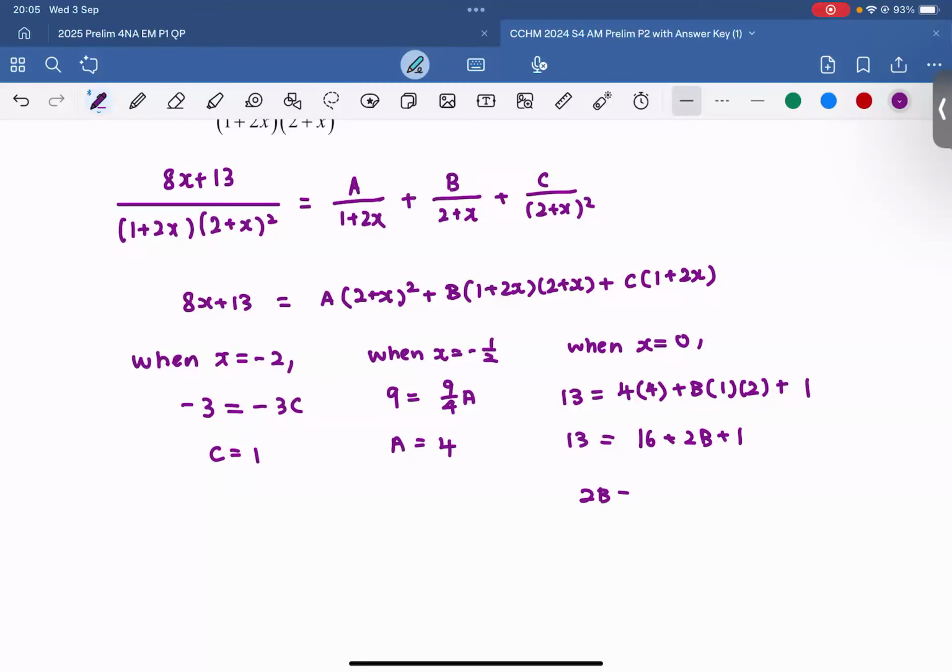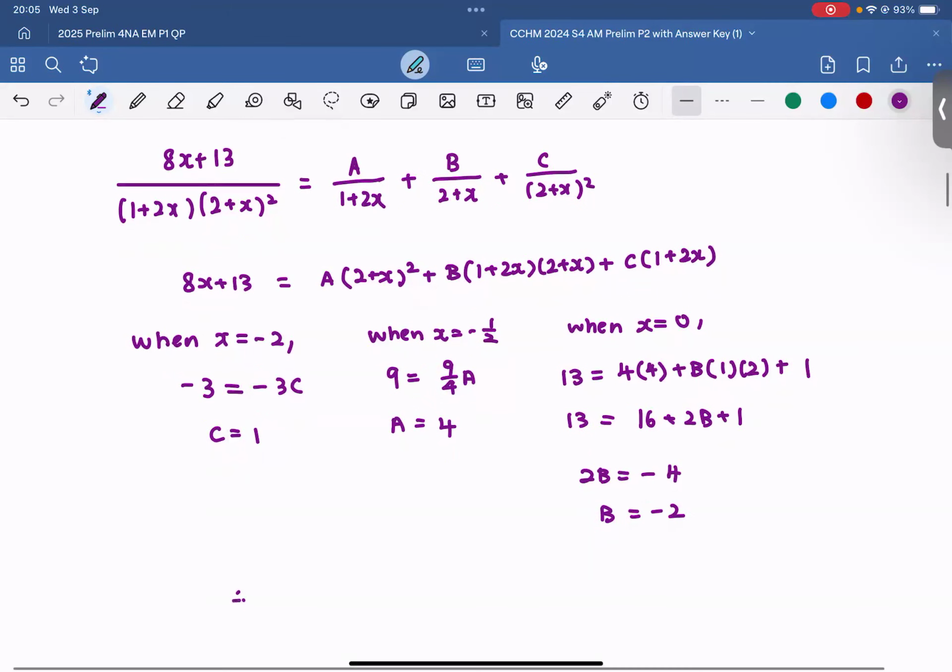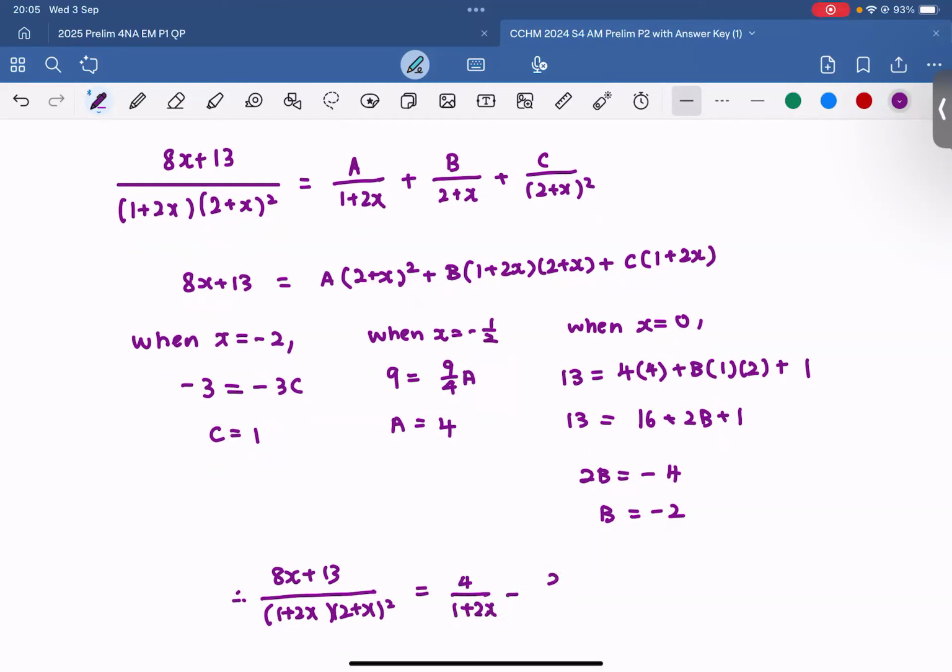So 2B equals to -4. So B equals to -2. Therefore, remember to conclude: 8x plus 13 equals to 4 over 1 plus 2x minus 2 over 2 plus x plus 1 over 2 plus x squared.